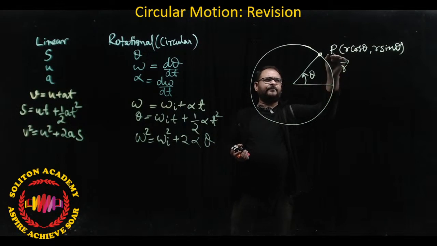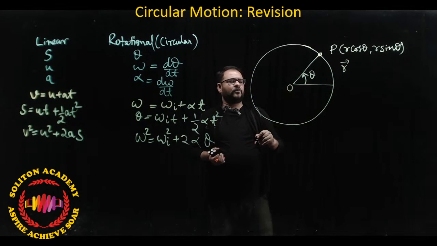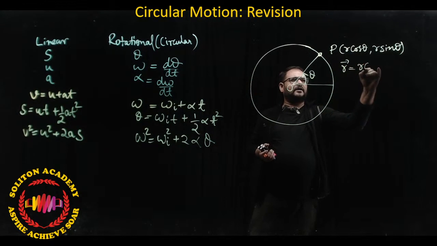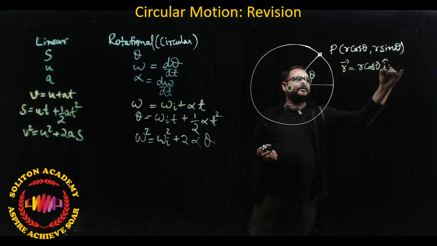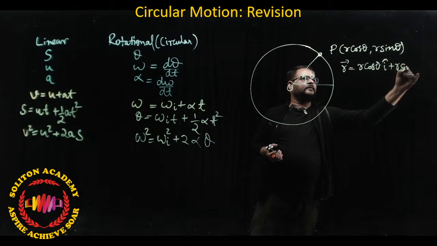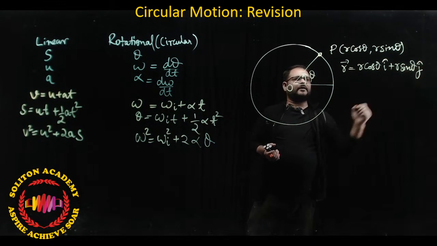Position vector of P with respect to O will be given by r cos theta i cap plus r sin theta j cap.